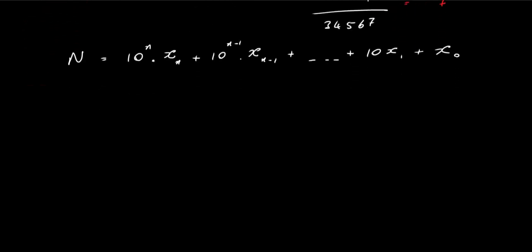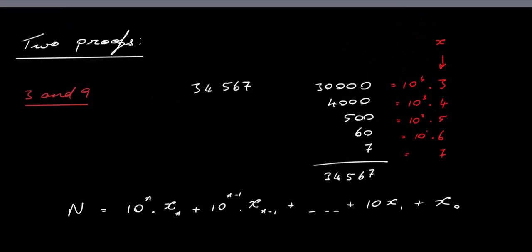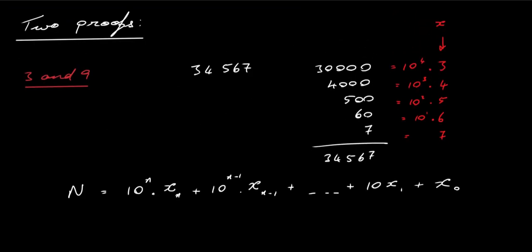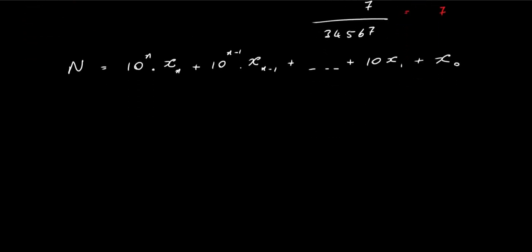So what I'm going to do now is just apply the rule. Remember, the rule for 3s and 9s is that we just do the cross sum. We add up the individual digits, and if the result is divisible by 3 or 9, then the original number is divisible by 3 or 9. So we've got to add up these x's the whole way down along.